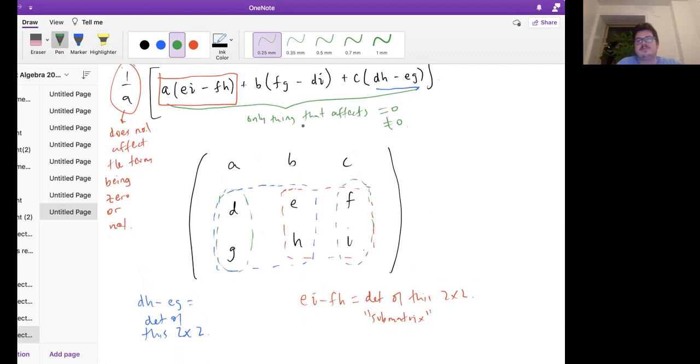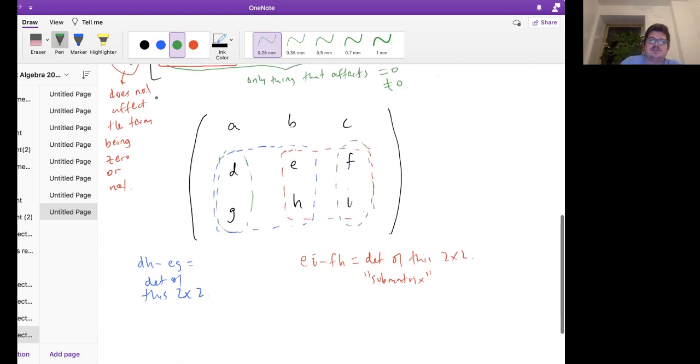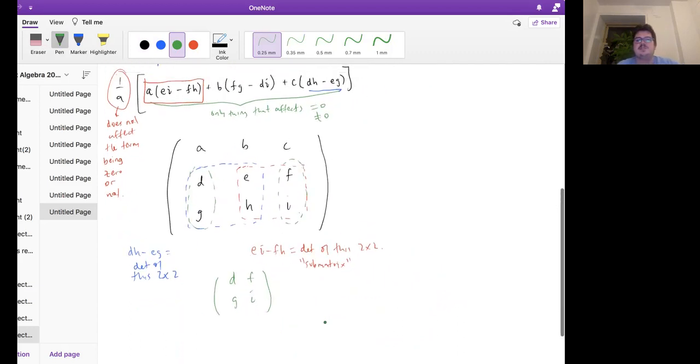However, just like if I do D, F, G, I, is that the determinant? Is FG minus DI the determinant of that? So look a bit closer. FG minus DI. It's close. It's the opposite, yeah.